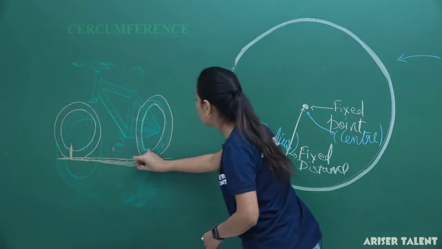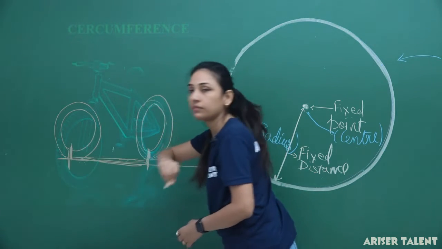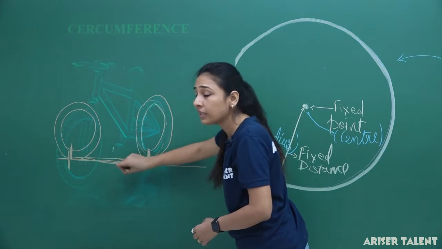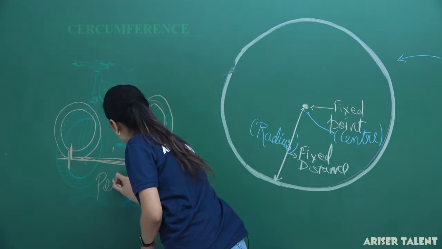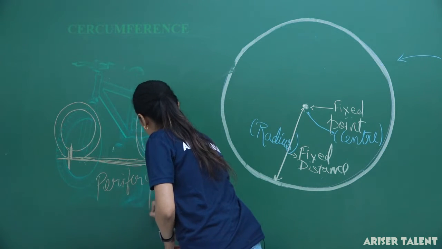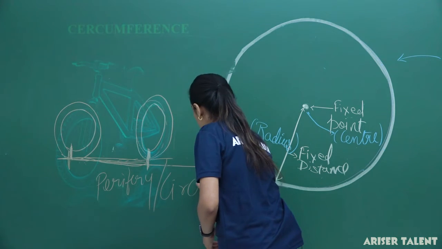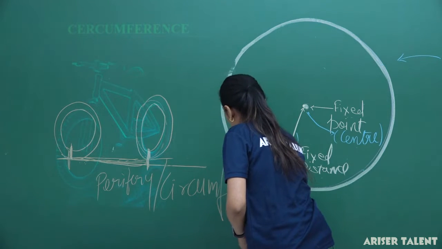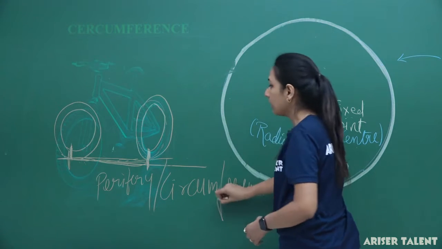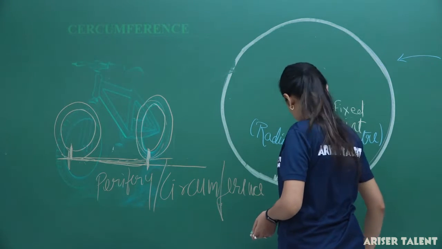So that particular distance is what? That particular distance is the periphery or circumference. So we'll have this word circumference for that. Circumference, right? Okay.